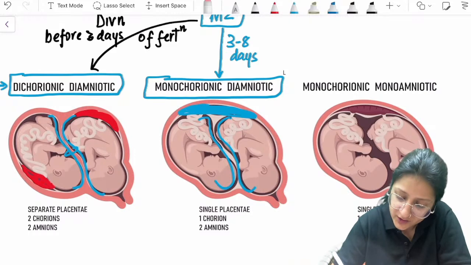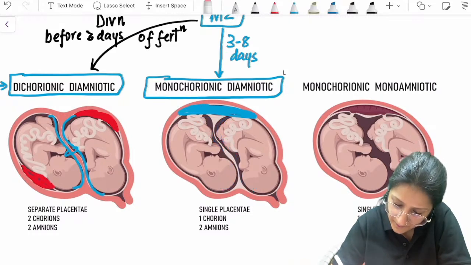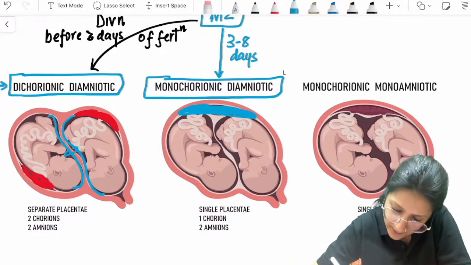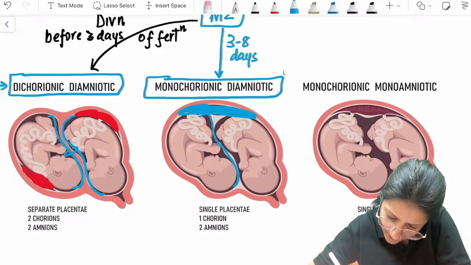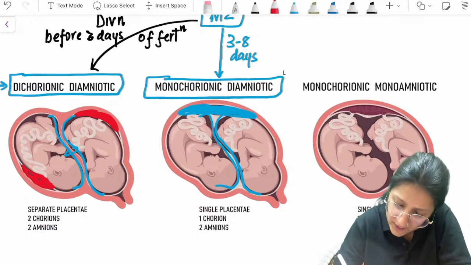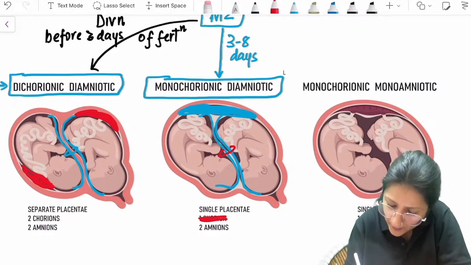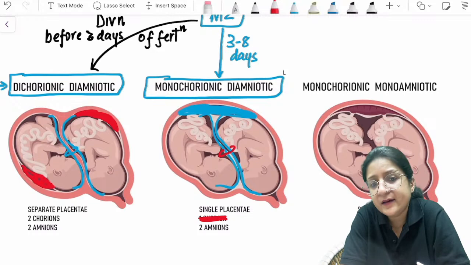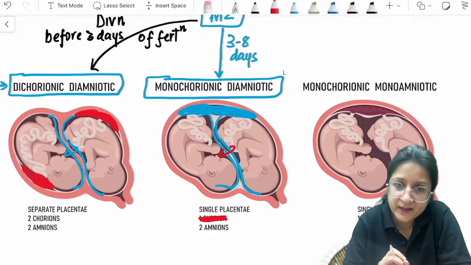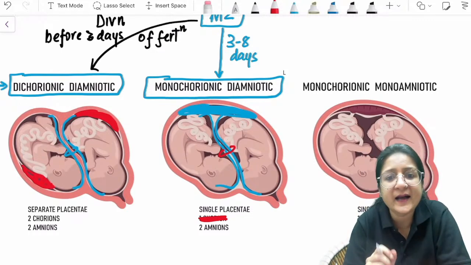Okay, there is going to be just amnion and amnion. So the intertwin membrane is only going to have two amnions. Keep that in mind. This is monochorionic diamniotic.